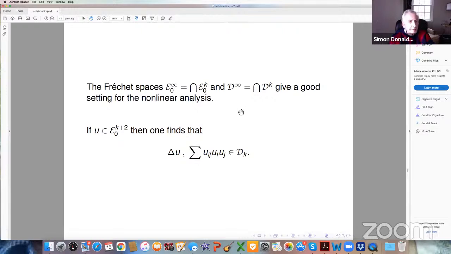That's to say, if our function u lies in E_0^(k+2), then we find that both the Laplacian of u and also this cubic expression involving the second and first derivative of u lie in D^k. Remember, we were saying that this is the essential part of the nonlinearity in the PDE we're discussing.